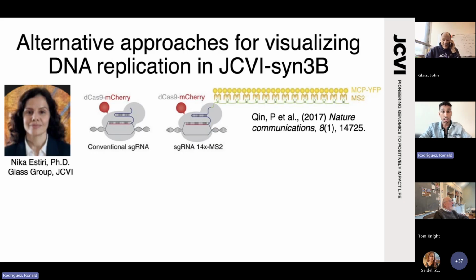But instead of introducing a double-strand cut, what happens is that the dCas9 protein is just going to sit there. So in mammalian cells, if you put a fluorescent label on dCas9, you can just visualize fluorescence at that specific spot.